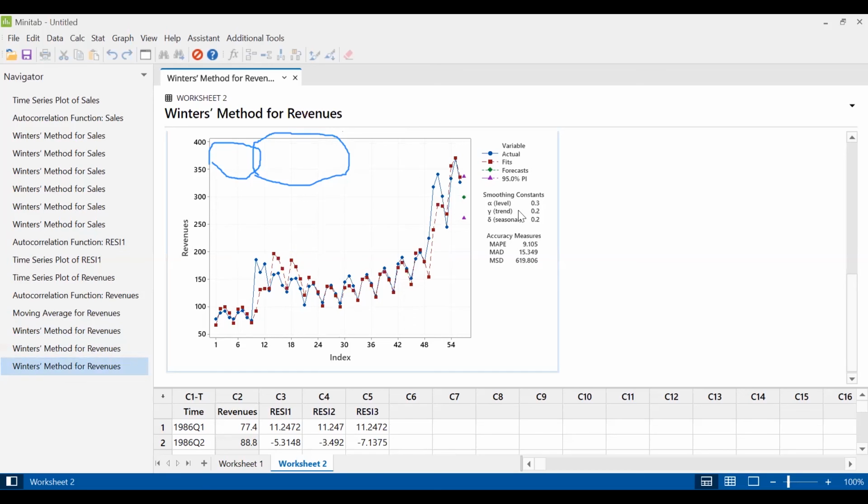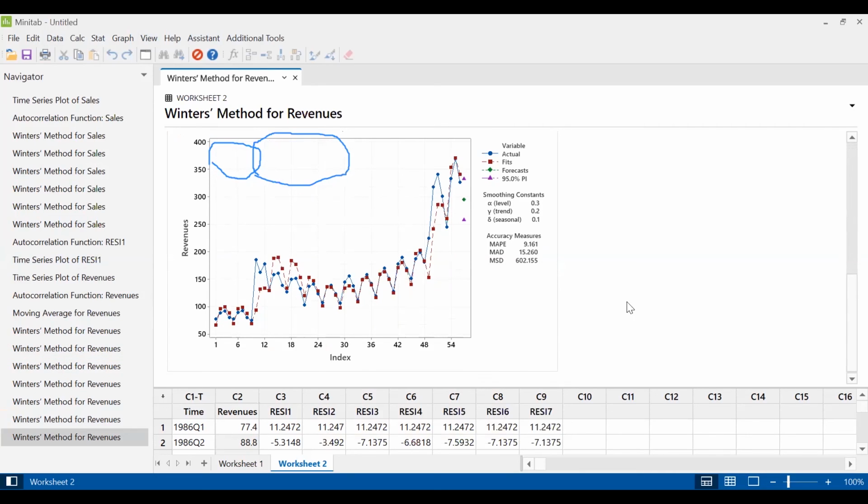And we're gonna do the same for gamma and delta, changing up and down to see which one can give us better results. And without showing you every model that I tried, I just want to show you the one that I kind of settled down with. So what I did is I increased alpha to 0.3 and decreased to 0.1, increased gamma to 0.3, decreased to 0.1, increased delta to 0.3 and decreased to 0.1.